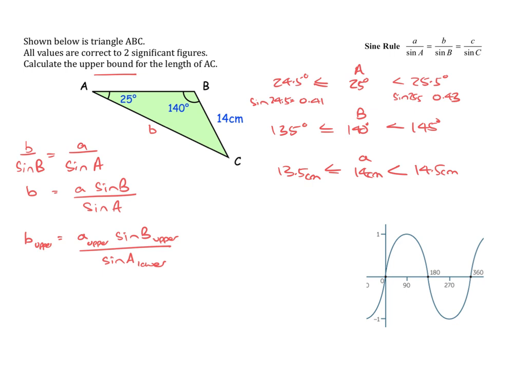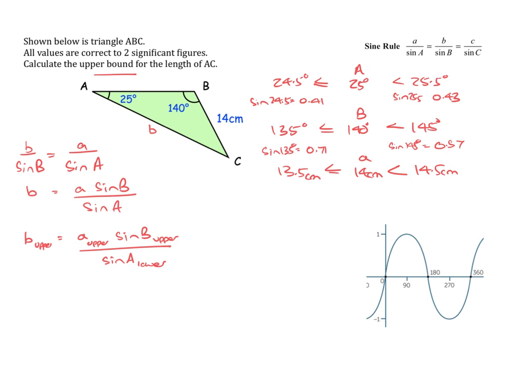Now let's go on to angle B. What's the sine of 145 degrees? Well, that equals 0.57. And what is the sine of 135 degrees? That is 0.71. It's larger. The sine of 135 is larger than the sine of 145. Now you can see that on the graph.